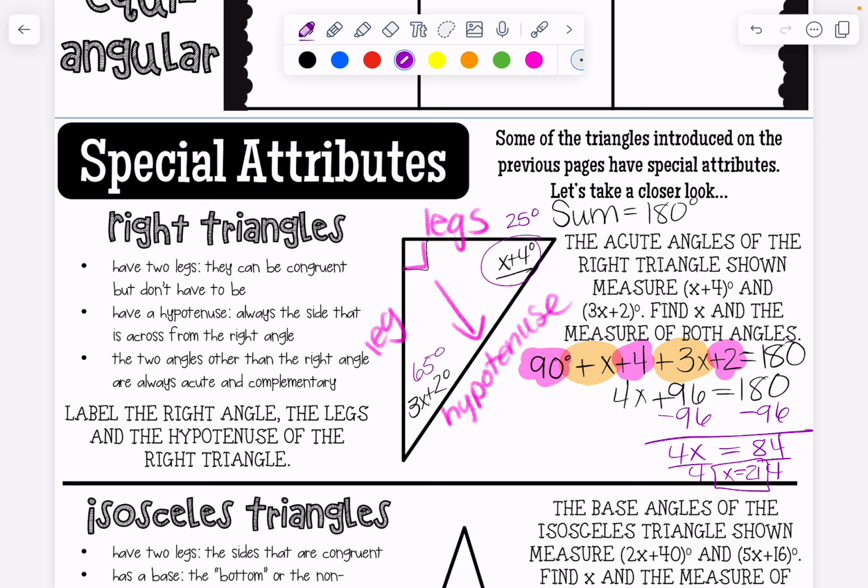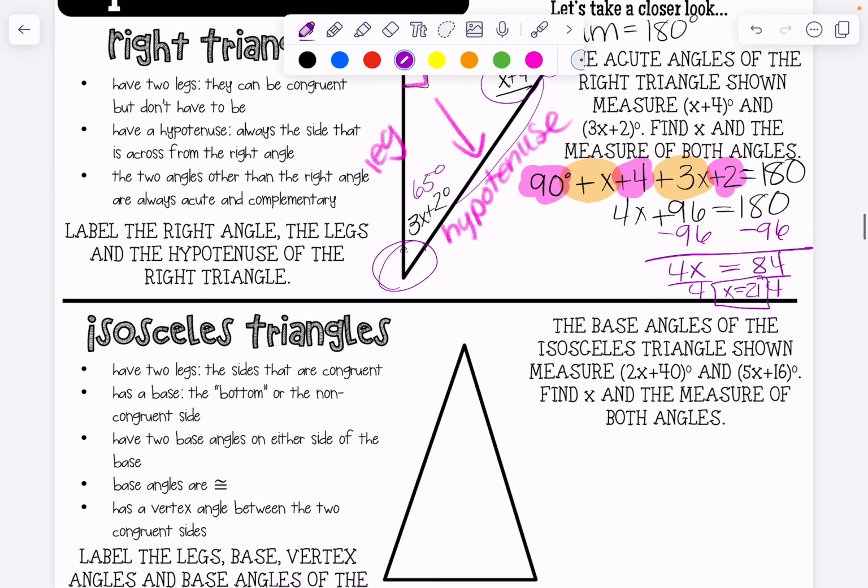I probably reversed the way these should be; this one should be our 25-degree angle, and that should be our 65-degree angle. But the point is that we were able to use the information that the angles add up to 180 degrees to help us solve for a variable.